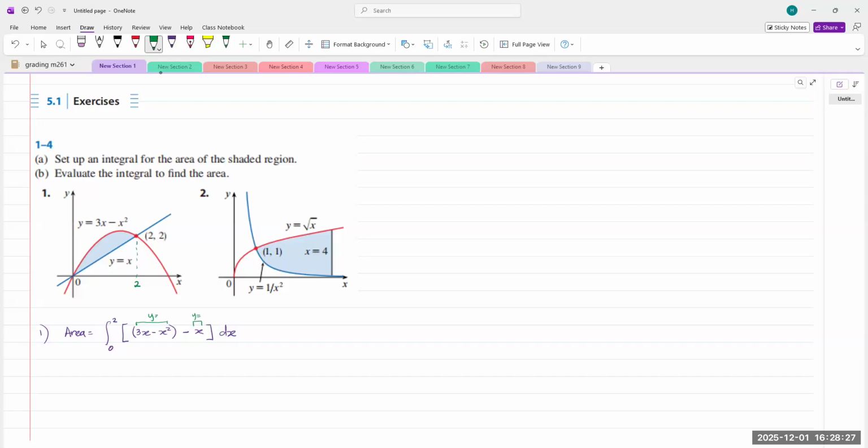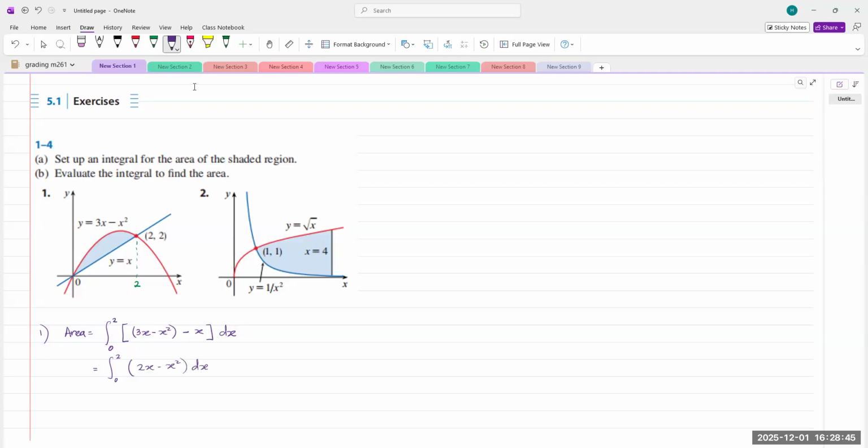Okay, now from there, of course, what we will do next is simplify the integrand first. Don't integrate right away. Please simplify first. This will be 2x minus x squared dx.